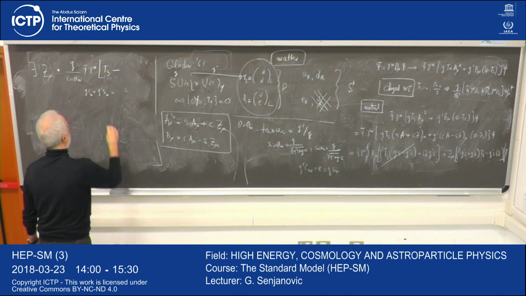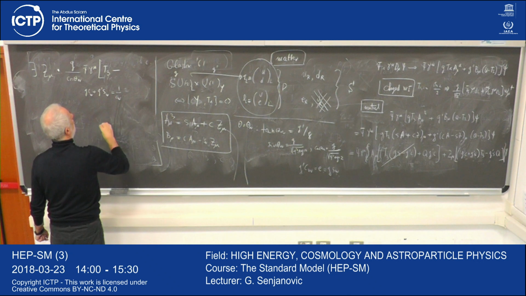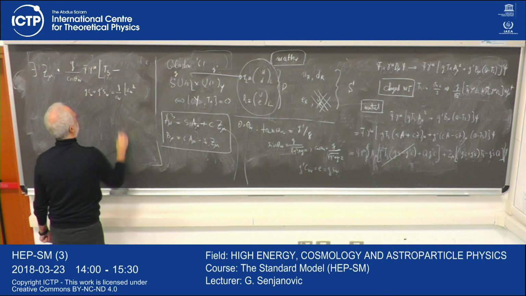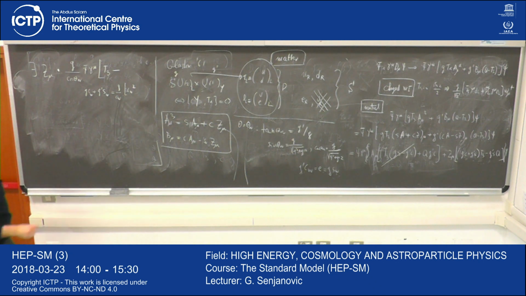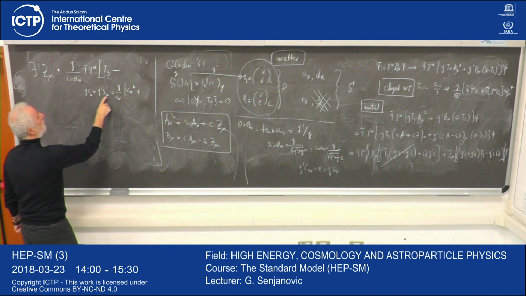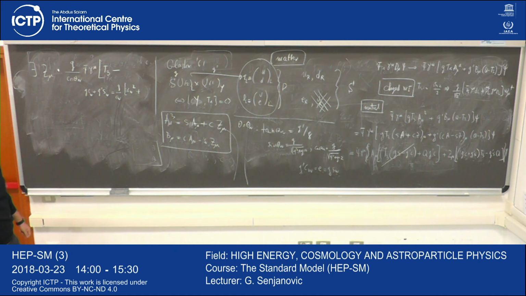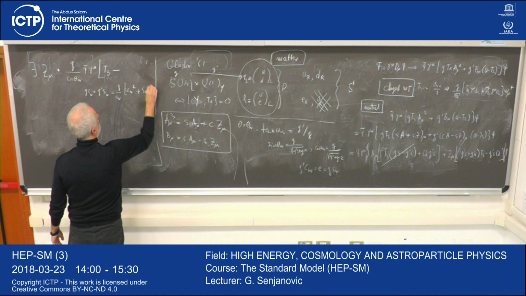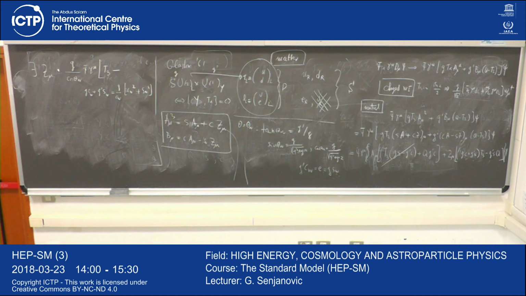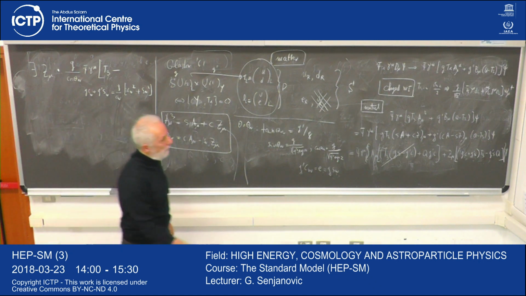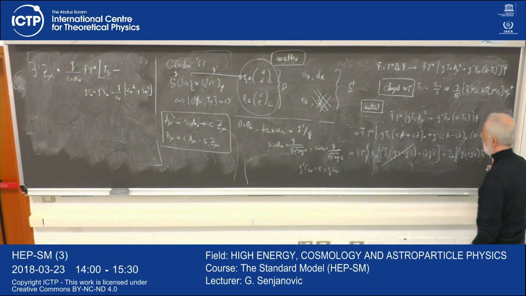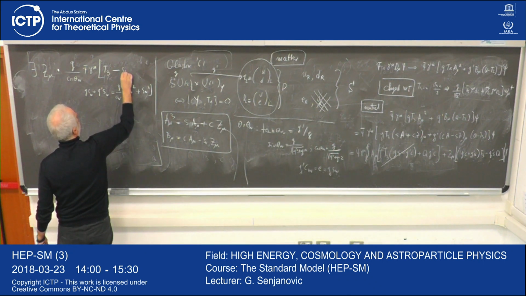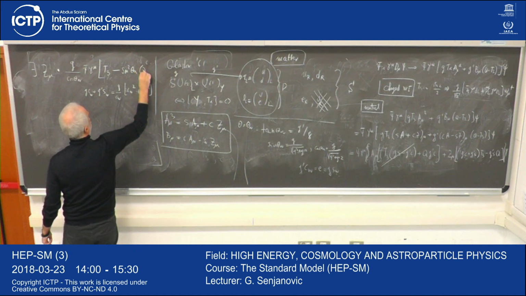I will write it as 1 over c W, g, then I get c W squared from the first term. From the second term, I have s W, but here I have another tangent theta W. Notice the tangent theta W is g prime over g, so I get s W squared. So we get that. And then what I have is g prime times s. This will make it, there is a tangent, but I took cosine theta W, so you get sine squared theta W times Q.